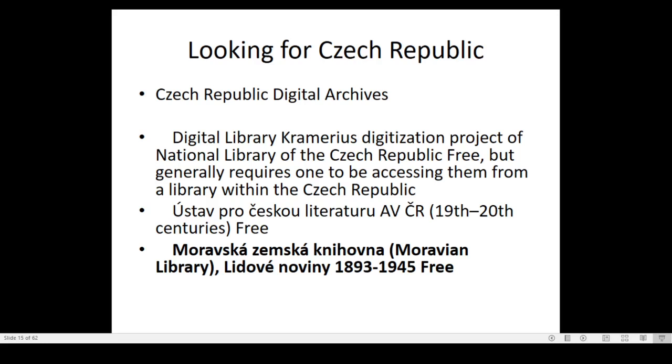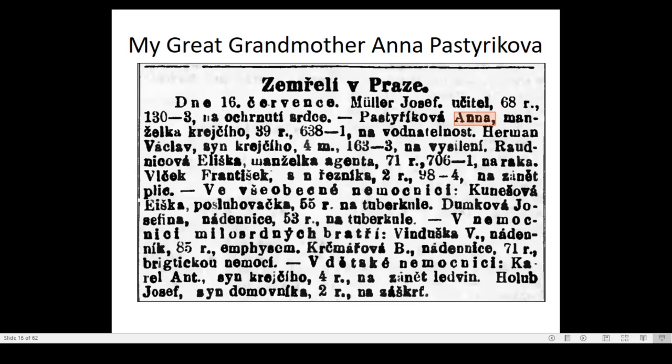So that was a problem. This one, it's a freebie. I didn't look at that one, but this one caught my eye. And it's the Moravian Library, 1893 to 1945, and it's free. And that's where my family came from, was Moravia, which is next to the White Carpathian Mountains, bordering between the Czech Republic and Slovak Republic. And lo and behold, I found my great-grandmother, Anna Pasterikova, was listed in here. So there's all sorts of things you can find.